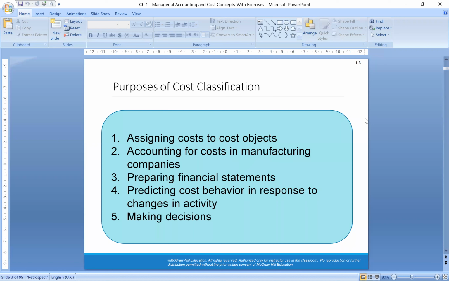So if we think about a product, if we're producing a table, then what are the costs allocated to that table? In this case, the table will be an object. If we are serving customers as a service company, then the object in this case will be a customer. For a lawyer, let's say, we have a customer and cases.